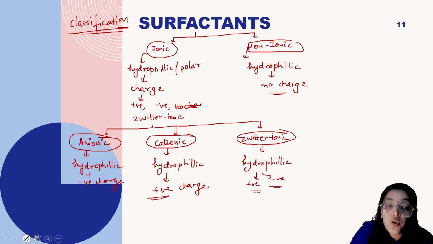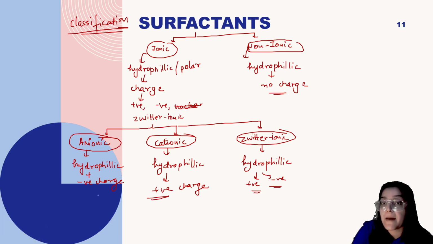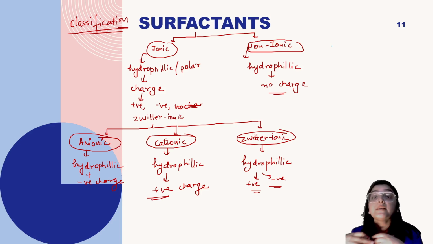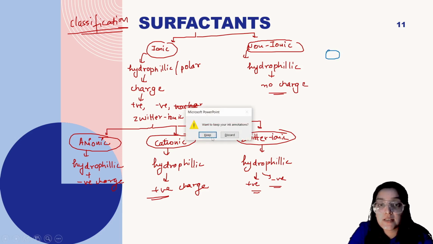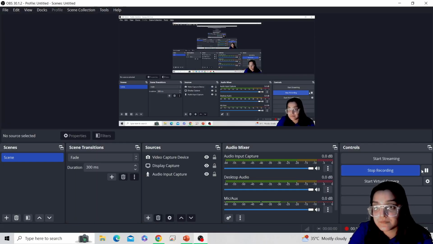So before going into the depth of the important examples, I am making just a representation of how these surfactants actually look. I have mentioned there is a head part, that is the polar part.